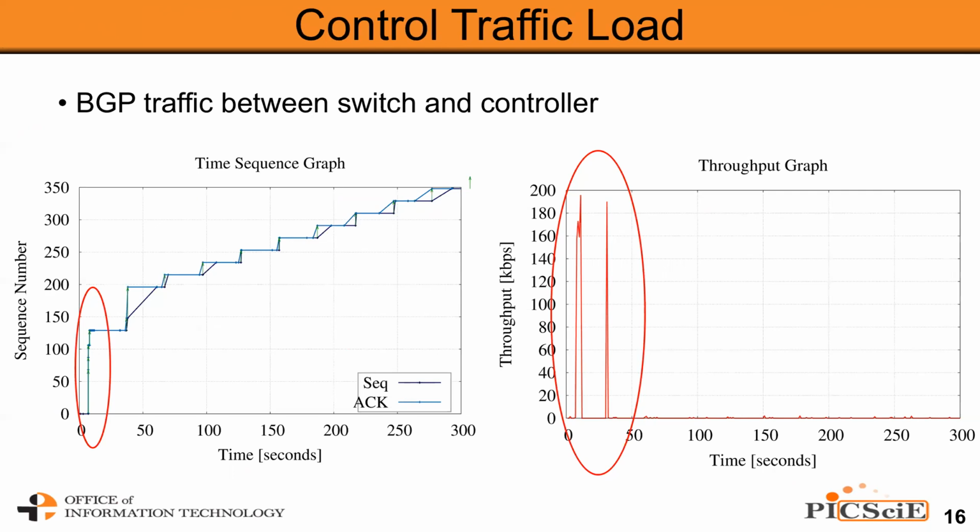If you measure the throughput, it hits about 200 kbps max, and it only happens at the beginning. I don't know whether you can see it on the right, but there are little bumps, which are normal updates going on. So as you can see, the overhead is not that big. This traffic is not that serious, and you should be able to handle it.